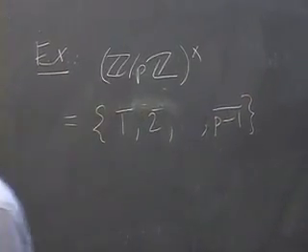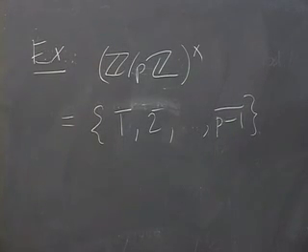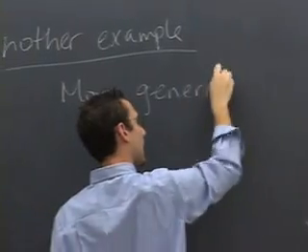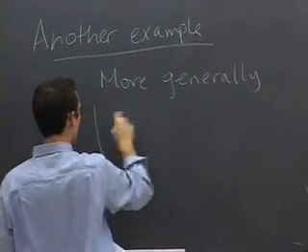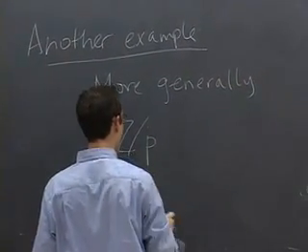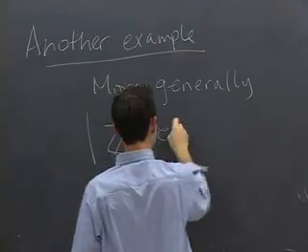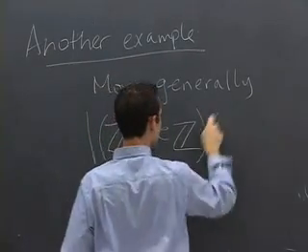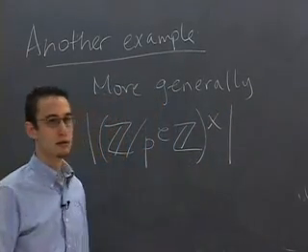So another example. More generally, what is the order of (Z mod p^e Z) star?